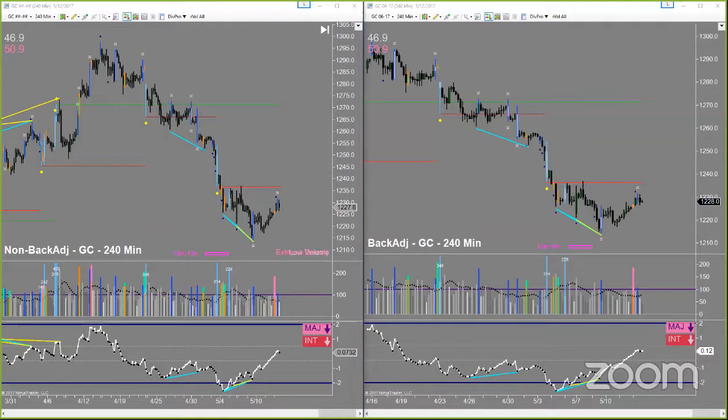Right into this area here. This is the tightest channel that we have here. So with that, it's looking to me like we have a 1, 2, 3 into that low.